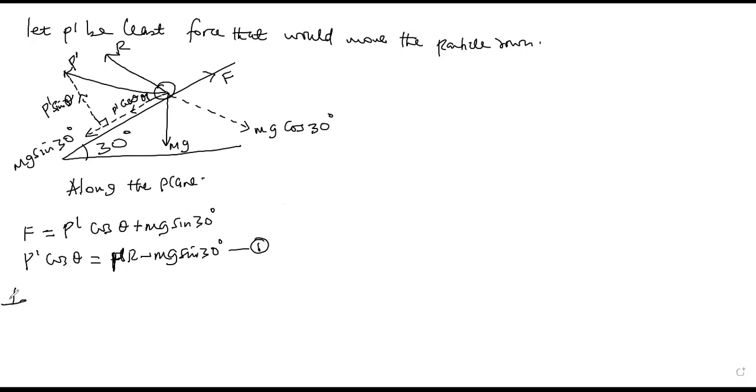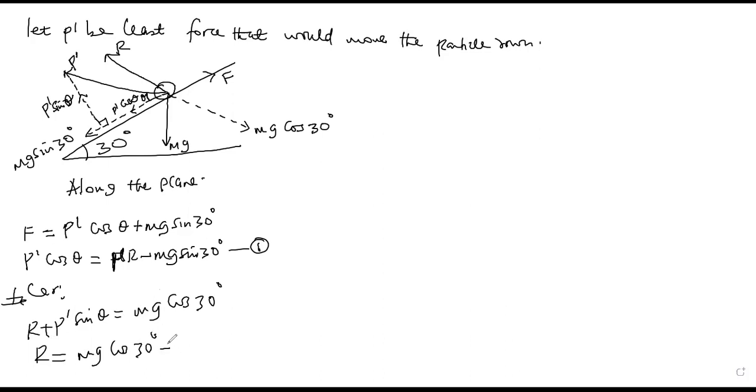Perpendicular to the plane, I will have P prime sine theta plus R equal to mg cos 30. Implying that my R here is going to be mg cos 30 degrees minus P prime sine theta.